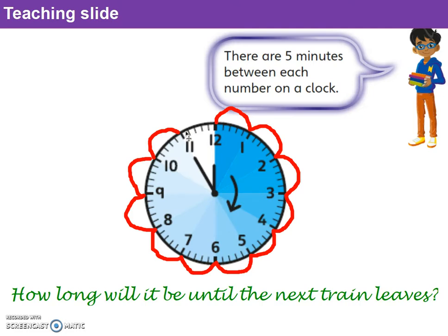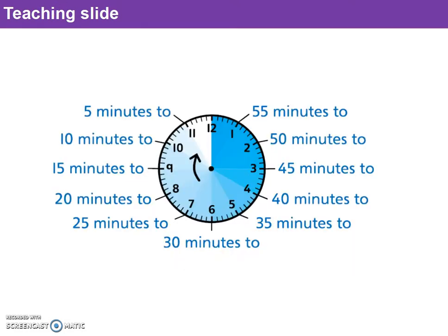So how many minutes is it going to be until the next train leaves? Well, we know that every train leaves on the hour, on the o'clock. So that means if I turn up at 2 seconds past 11 o'clock, it's going to be 59 minutes until my next one. Each one of these then is going to be another 5 minutes closer to that next departure time.